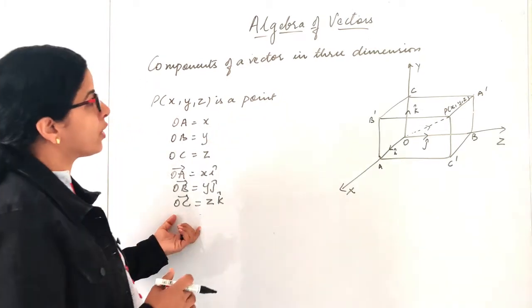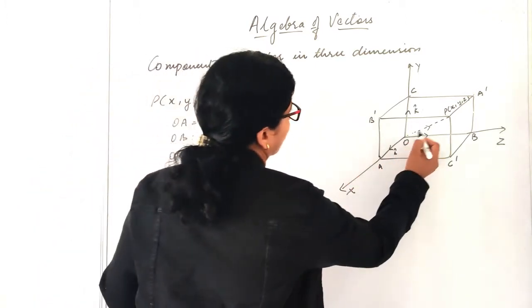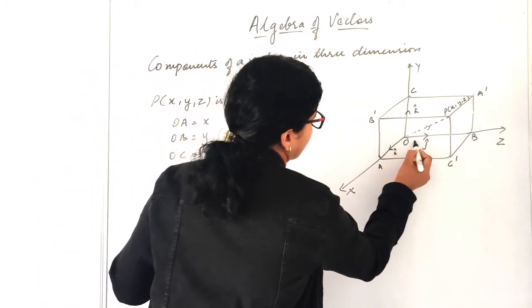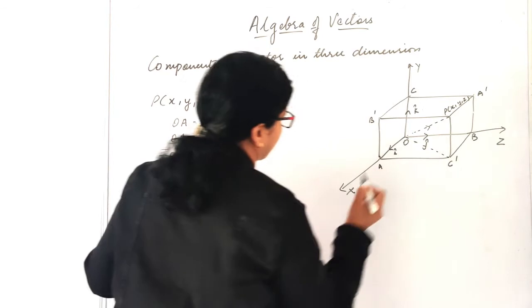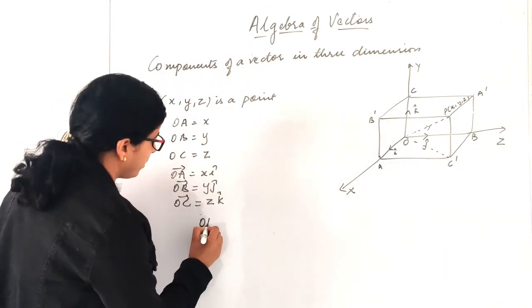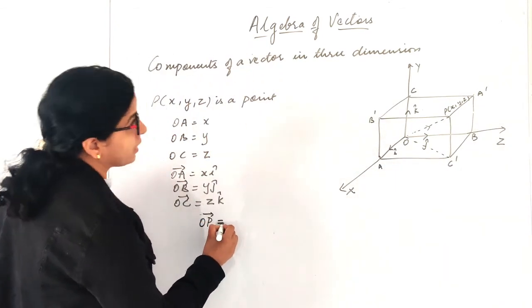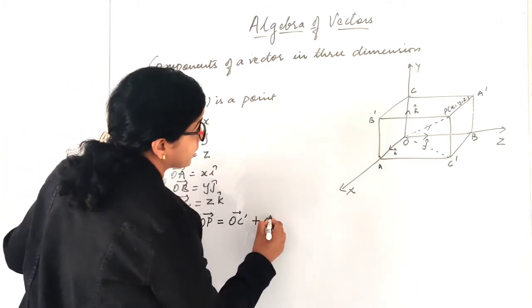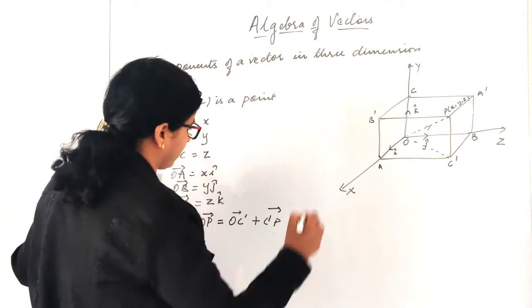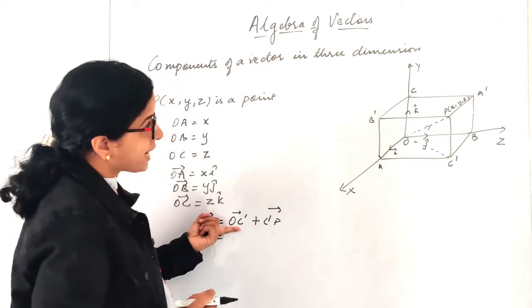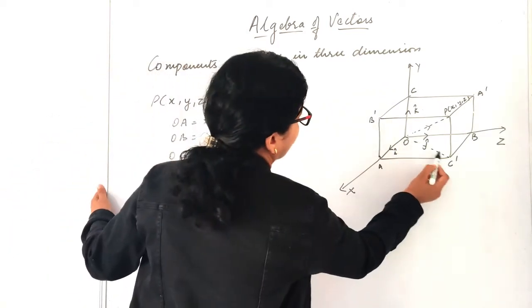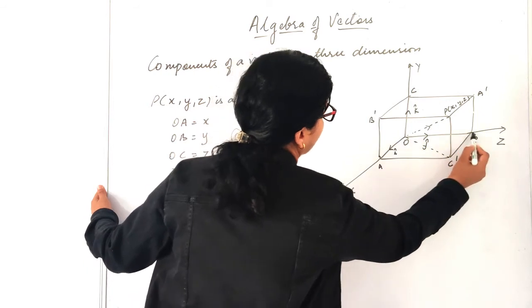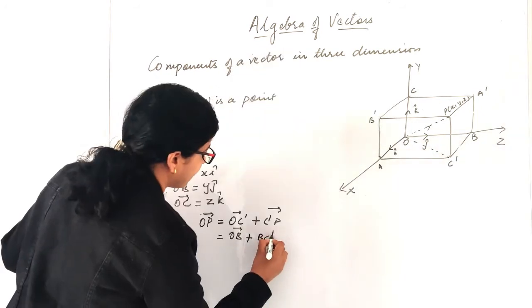Now if we want to find the OP vector, let us first join the OC dash vector, right? The OP vector will be equal to OC dash vector plus C dash P vector. Now look here, the OC dash vector will be equal to OB vector plus BC dash vector.